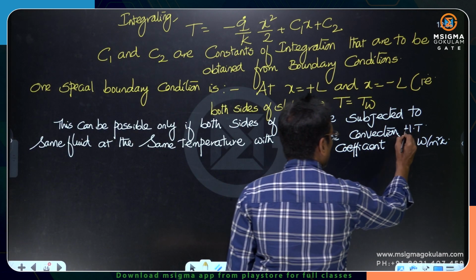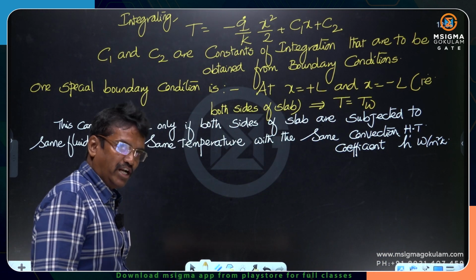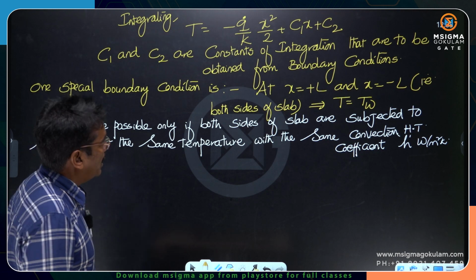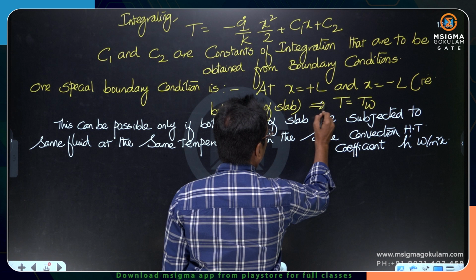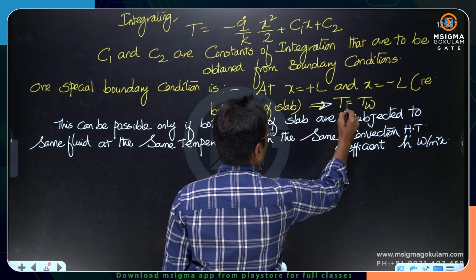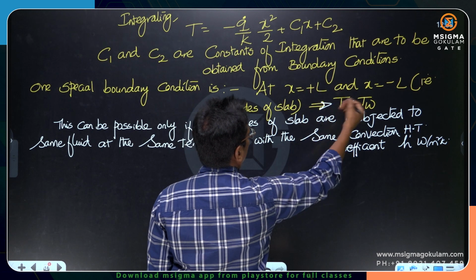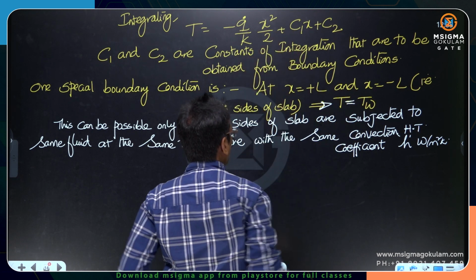That is, out of the total heat generated, 50% heat is convected from the right side and 50% heat is convected from the left side. Actually, to satisfy this boundary condition, T equal to Tw at x equal to plus L and x equal to minus L, this C1 should be 0.